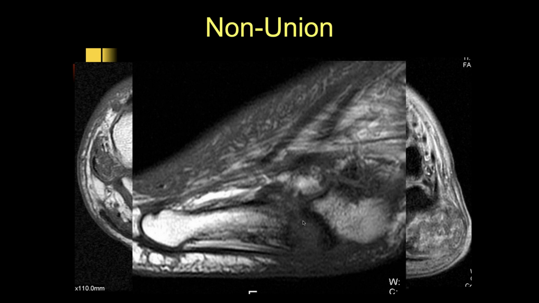Yeah, so this is a non-union in this location. I think most people call this a non-union Jones fracture, even though it's really kind of into the metaphysis. But these are really high-risk lesions in this location. There are fractures that are sclerotic. I sure would like to see an X-ray on this.